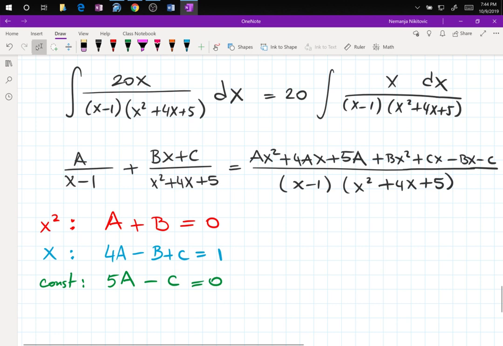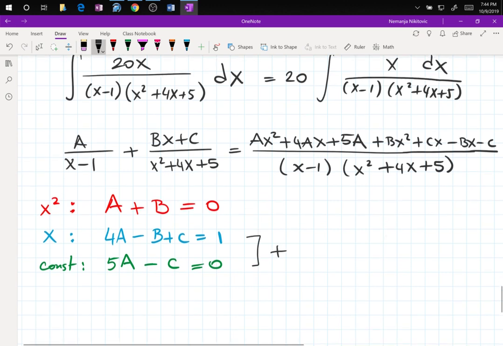So what should I do here? I guess add these two to kill C. Sorry. It's math, so A plus B equals 0, and 9A minus B equals 1. So now we add these puppies.